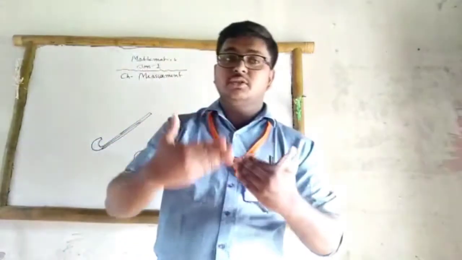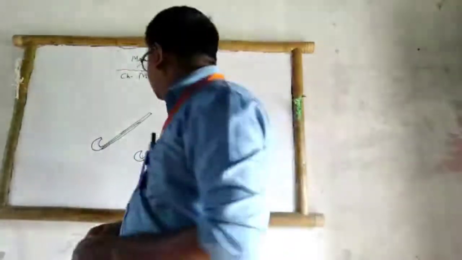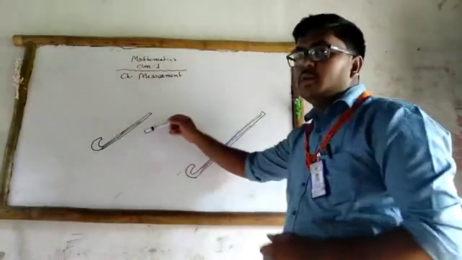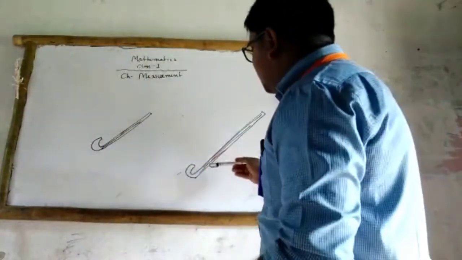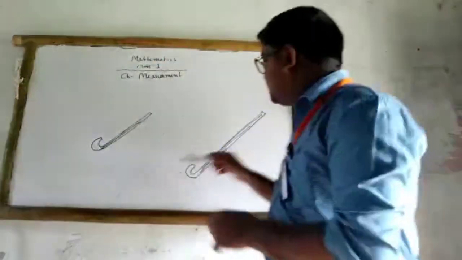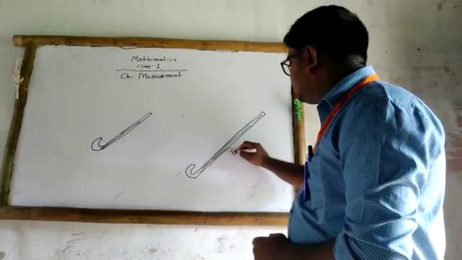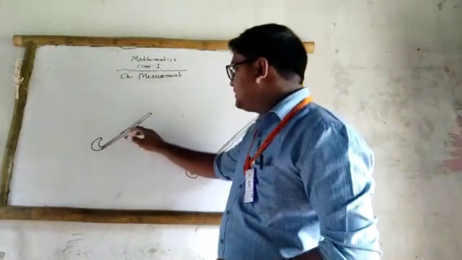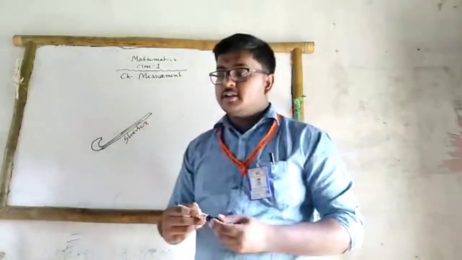Between these two, which one is the taller object? This one is the taller object, and this one is the shorter.